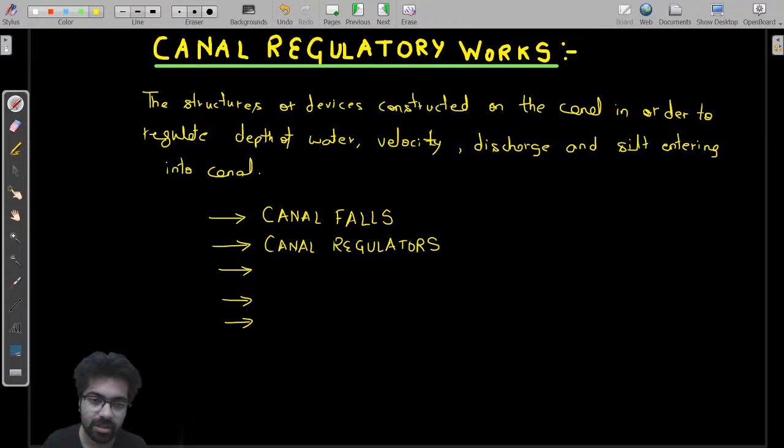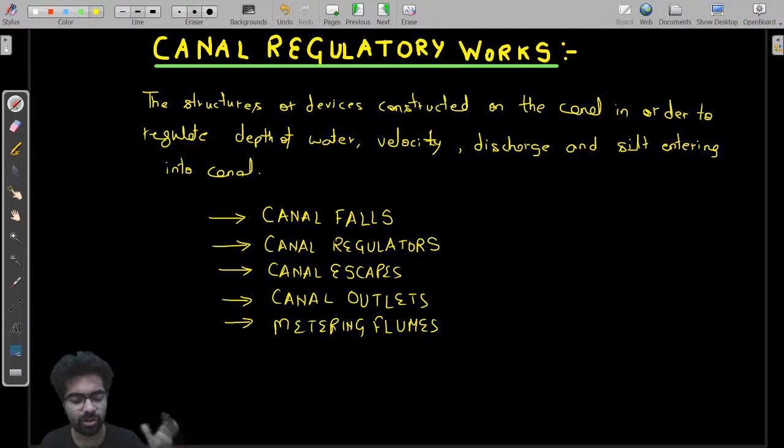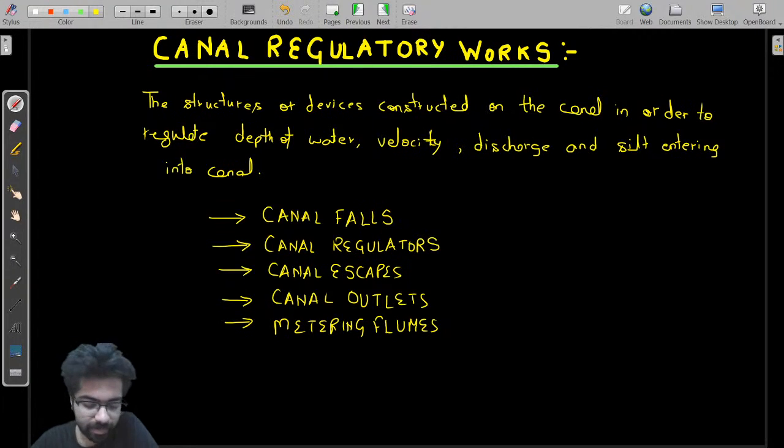Then we will study canal escape, canal outlets, and then metering flume, we have to cover. All this you should just know, what is that, what is this. Theory we will cover, you will understand everything and all questions will be solved.